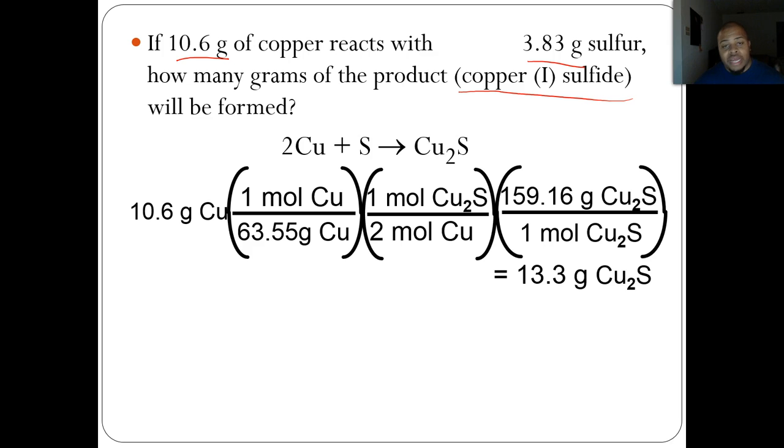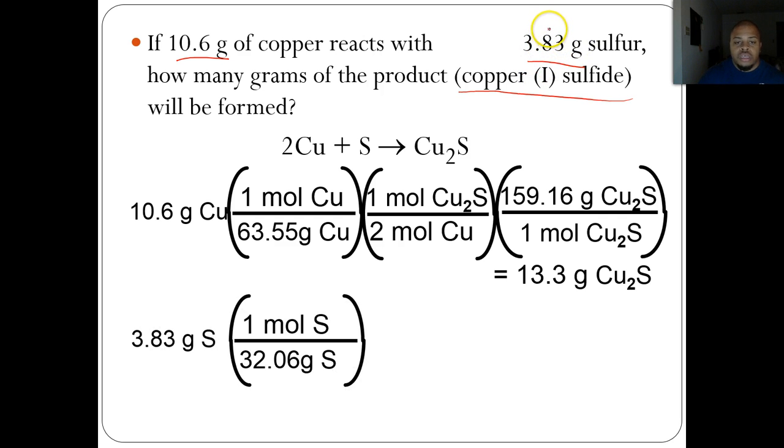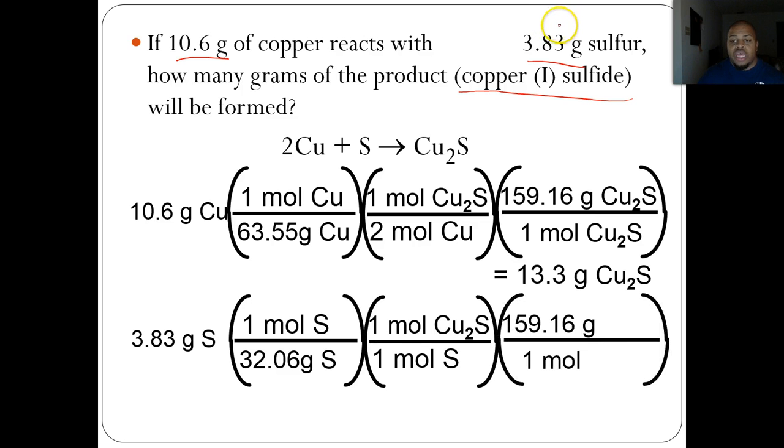Now, for my next one, I have to do another table, but now it's going to focus on my 3.83 grams of sulfur. 1 mole converted to grams, converted from 2 moles, sorry. 1-to-1 ratio, and then the molar mass of copper 1 sulfide.